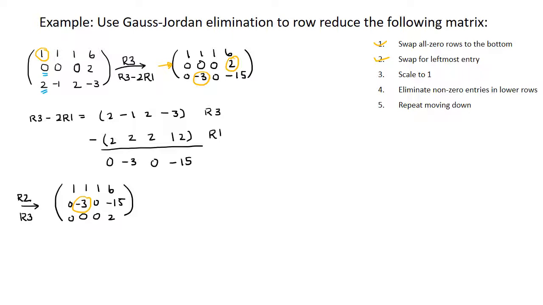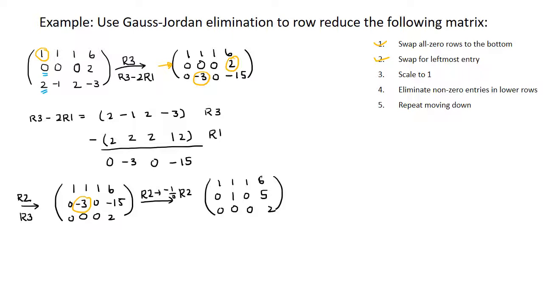So I'm going to divide this row by negative 3. So row 2 is going to be replaced with negative 1/3 row 2. So I get 1, 1, 1, 6, 0, 1, 0, 5, and 0, 0, 0, 2.